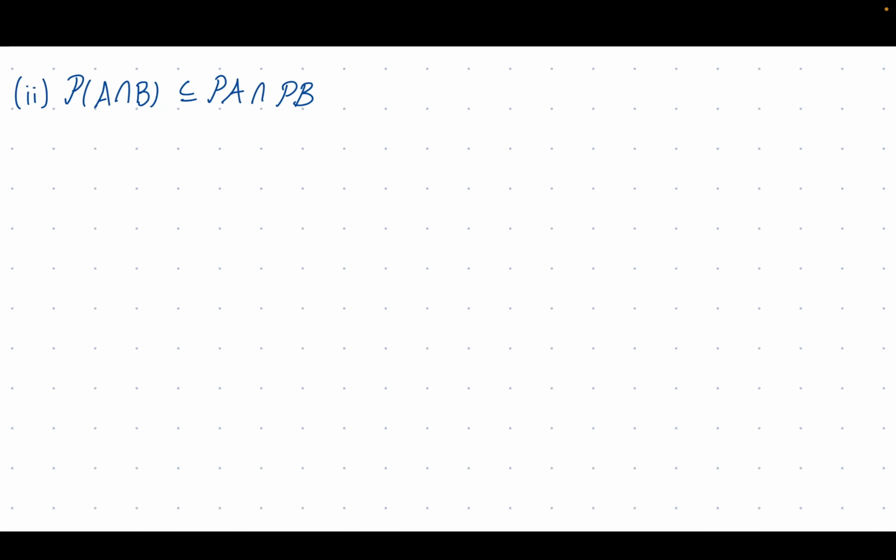So we want to show now that the power set of A intersect B is a subset of the power set of A intersect power set of B. Why is it so hard to write? Okay.